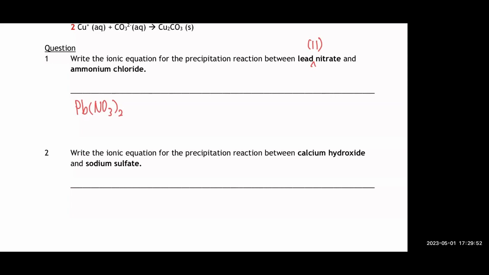And then I have ammonium chloride. What's the state of this? Lead(II) nitrate. All nitrates are soluble. Full stop. Next one, ammonium chloride. What's the formula? Chloride is Cl. That's all.